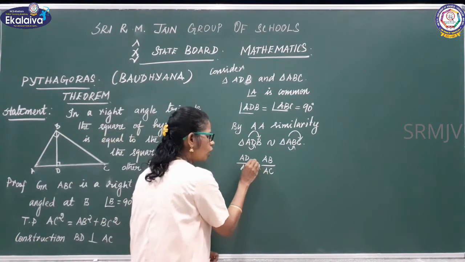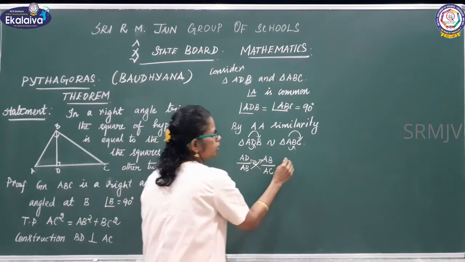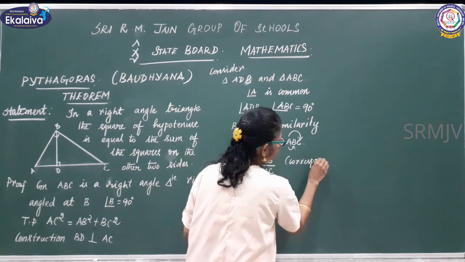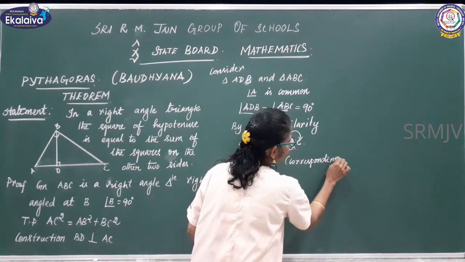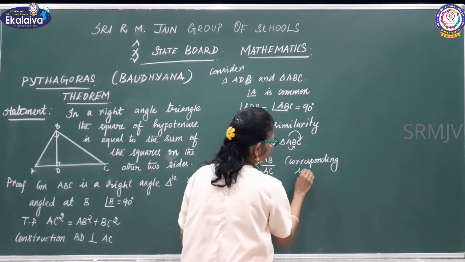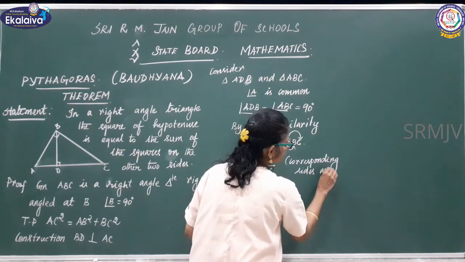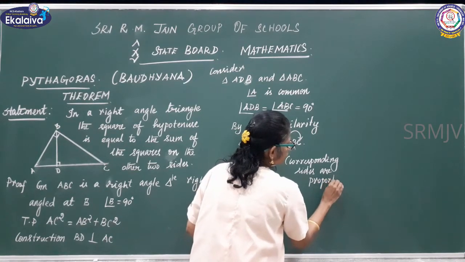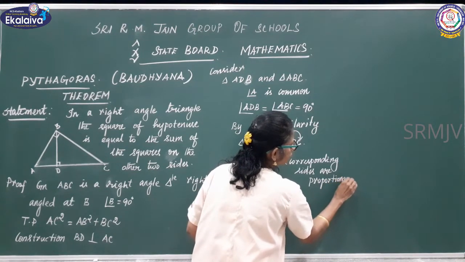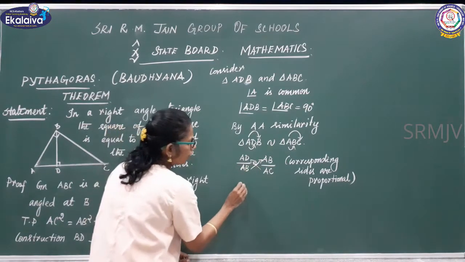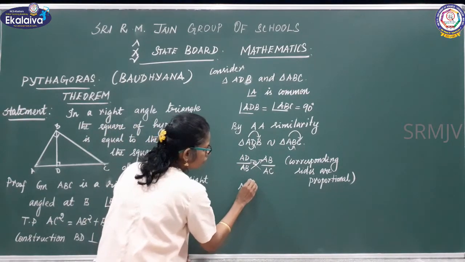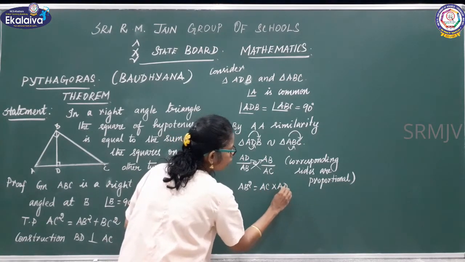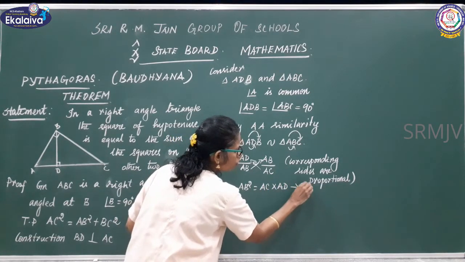Now you have to cross multiply. Here you have to write corresponding sides are proportional. Now AB square equal to AC into AD, that is equation number 1.